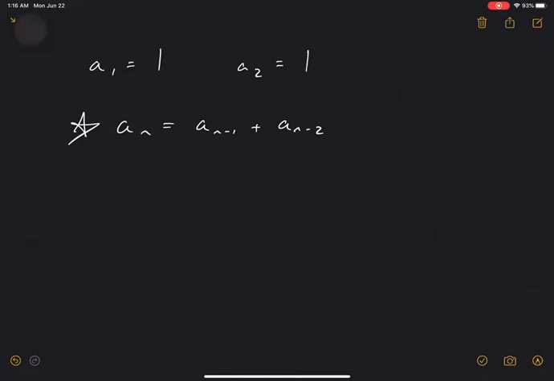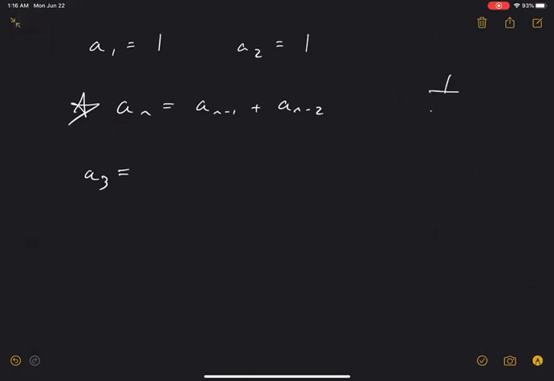So let's say I wanted to find out the next several terms. What would a3 be? Well, I don't have a formula that tells me what a3 is directly, right? There's no nice formula like 1 over n plus 5, where I just plug the number 3 in and get my term. To figure out what a3 is, I need to know what a2 is and what a1 is.